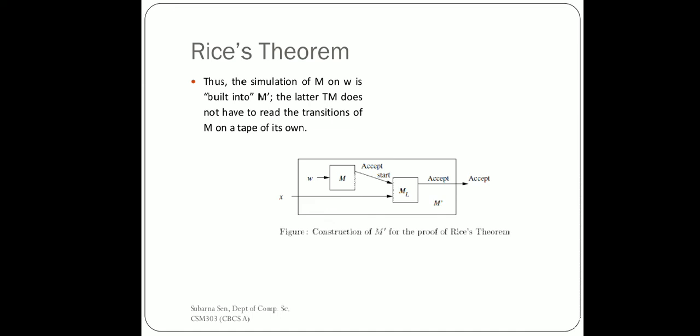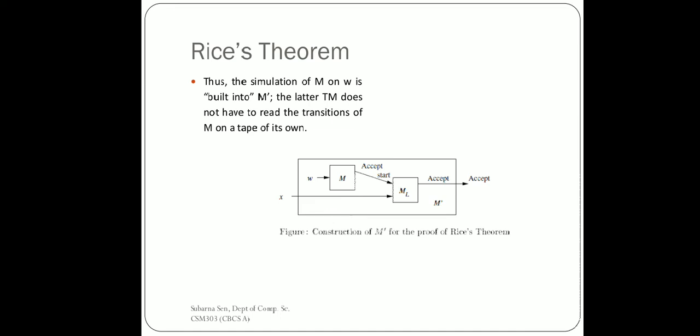The latter TM does not have to read the transitions of M on a tape of its own. Since we are simulating this part, the total transition functions will be written to one of the tapes of M dashed, so it will work fine. It has just copied it.